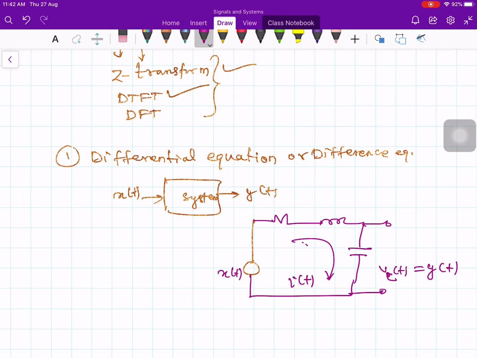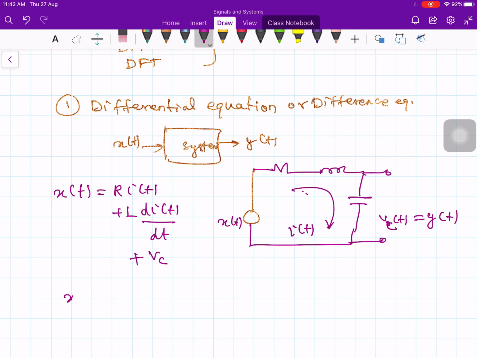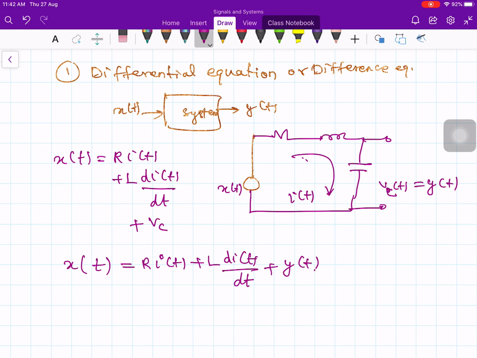You can simply write x of t is equal to R times I of t plus L times di by dt plus the voltage across the capacitor. Therefore the input is R times I of t plus L times di of t by dt plus y of t. So this is the differential equation relating input and output.